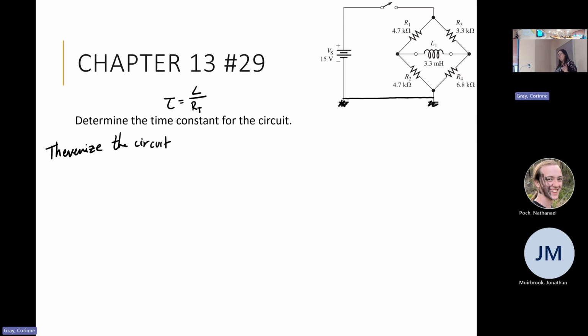Does anybody remember what the goal of Thevenin's theorem was? We wanted to take our circuit and simplify it to what two components?